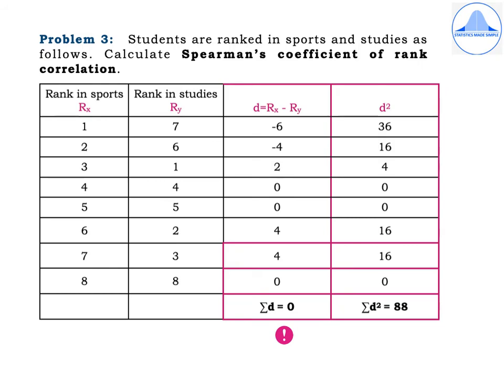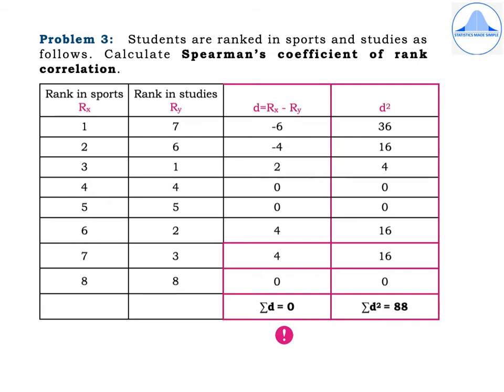Now in this particular problem, the ranks are already assigned in sports and in studies. So mark the first column as Rx and the second column as Ry. Now we need to form 2 more columns, that is D equal to Rx minus Ry and D square.